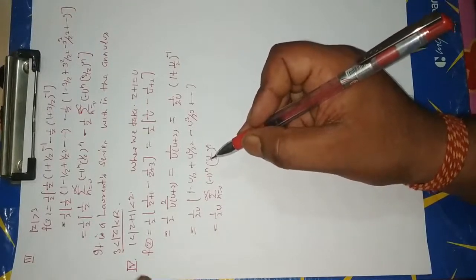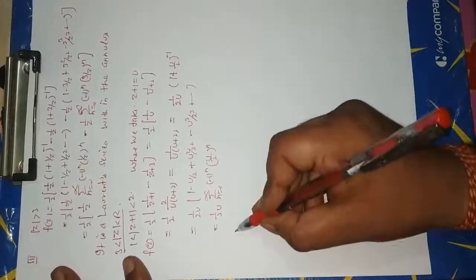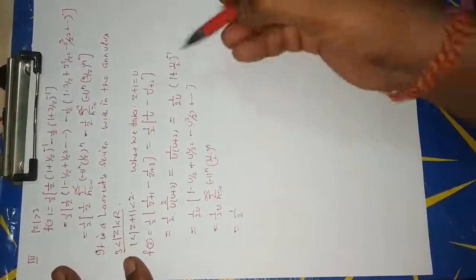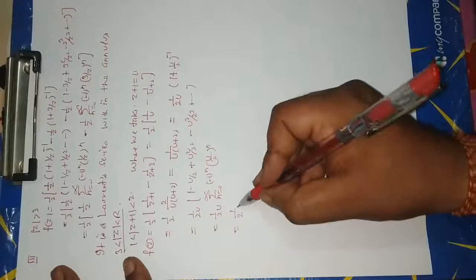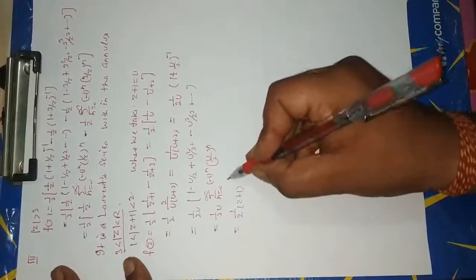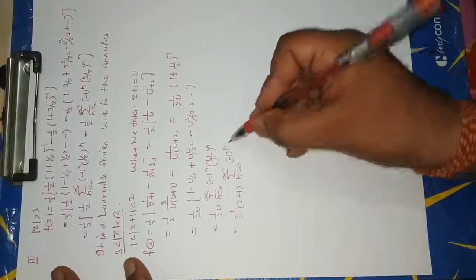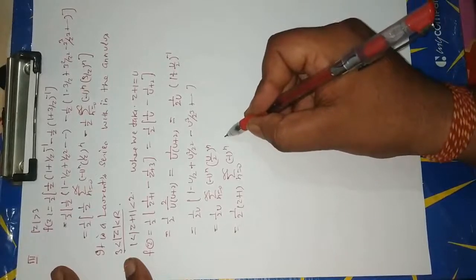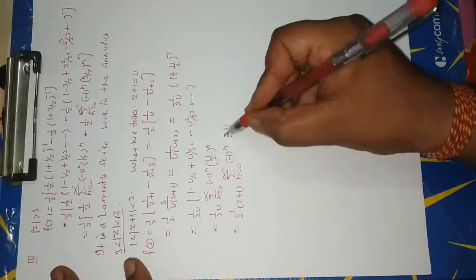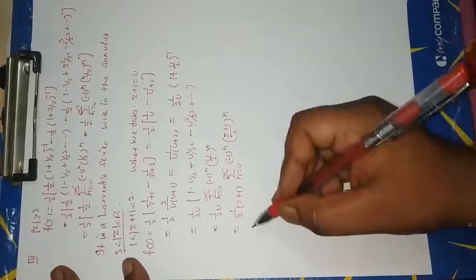Now putting the value of u, 1 upon 2, the value of u is z plus 1, summation n is equal to 0 to infinity minus 1 to the power n, z plus 1 by 2 whole power n.